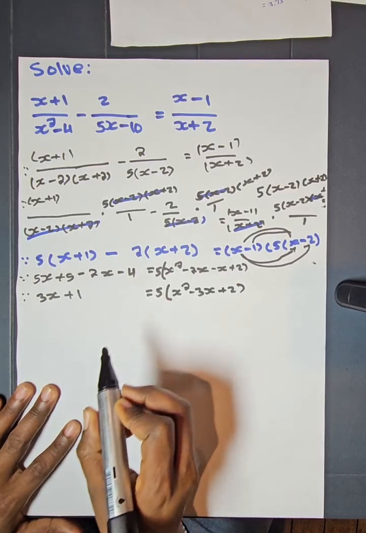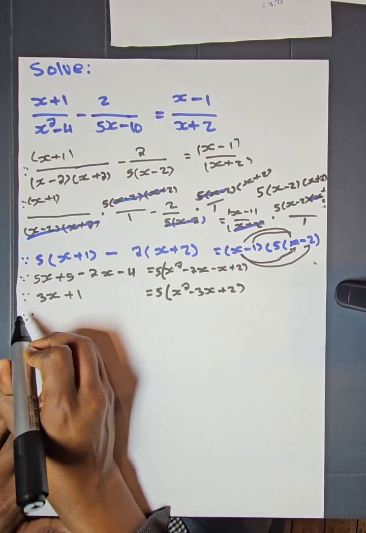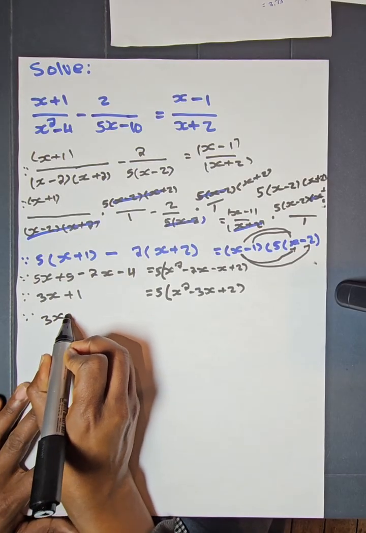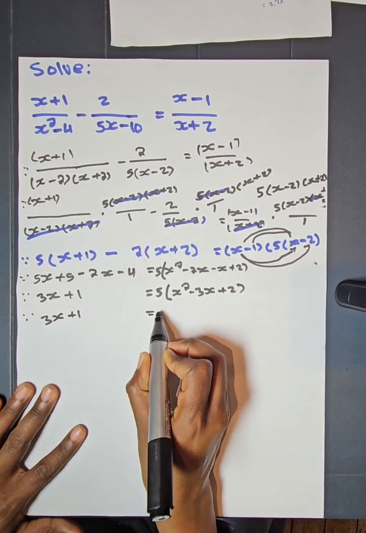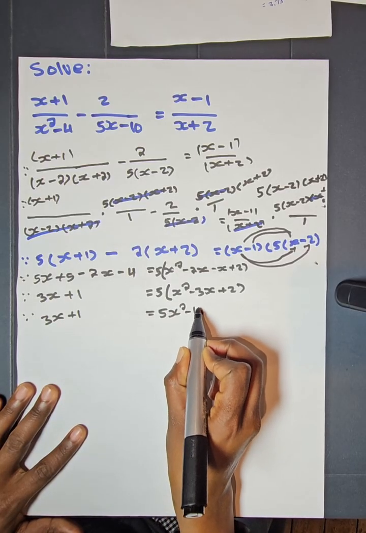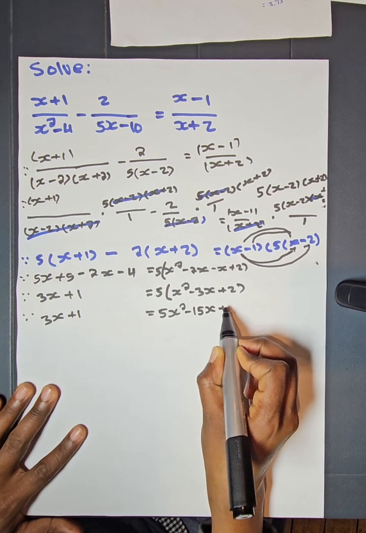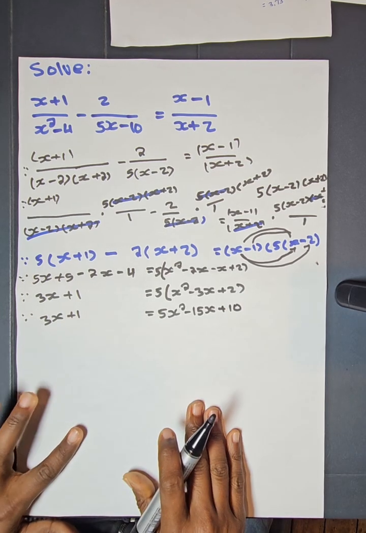Now, multiply the coefficient by each term inside the bracket. Therefore, this is going to be equal to 3x plus 1 equals 5x squared minus 15x plus 10.